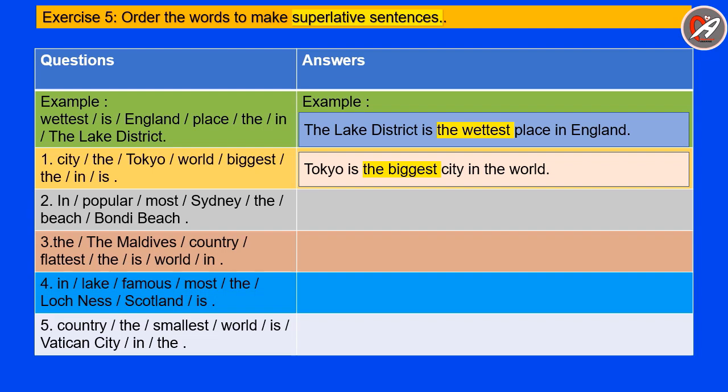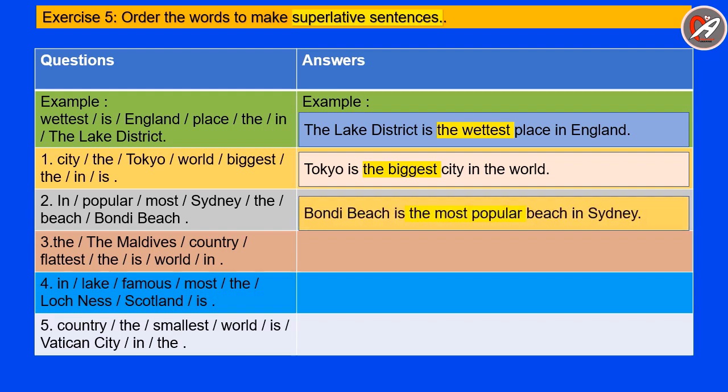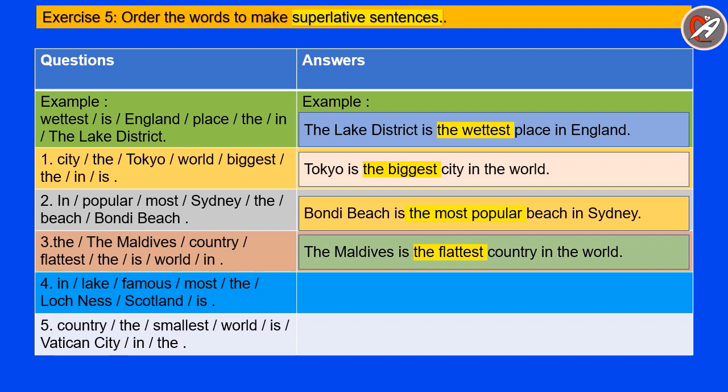Next, number 2: in popular most Sydney, the beach Bondi Beach. The sentence becomes: Bondi Beach is the most popular beach in Sydney. Number 3: the Maldives country flattest the is world in. In superlative form, the sentence becomes: The Maldives is the flattest country in the world.